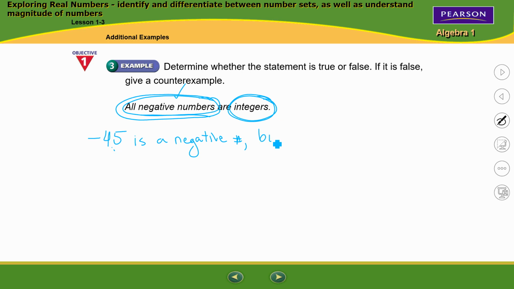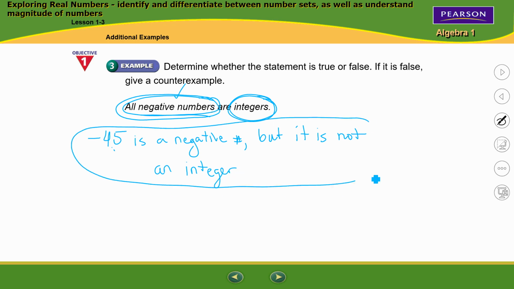But it is not an integer. This whole thing that I've written is my counterexample because it's a piece of evidence that shows otherwise, that proves the statement is not true. -4.5 is a negative number, but it is not an integer.